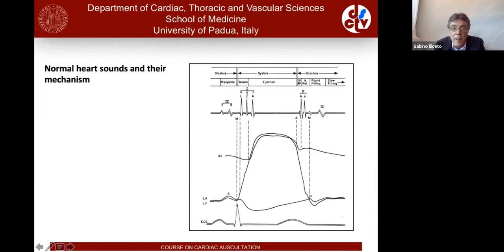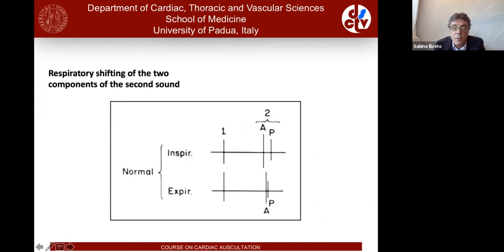Another aspect that is important is that the second sound can be split during respiration.